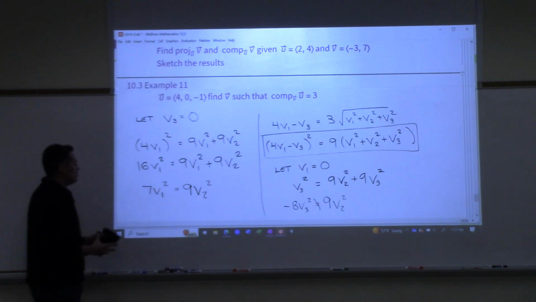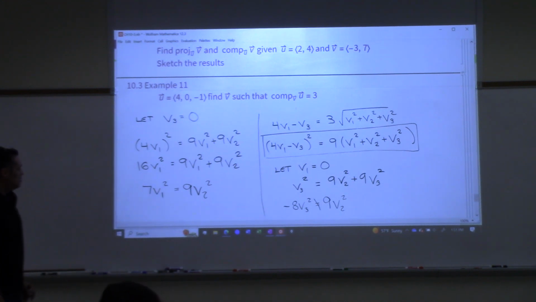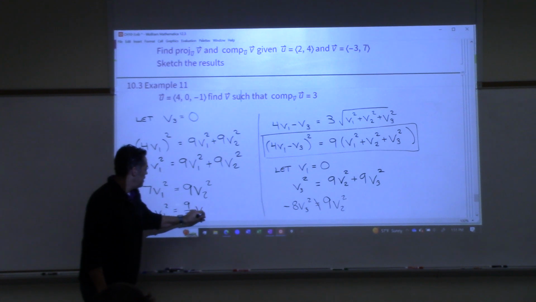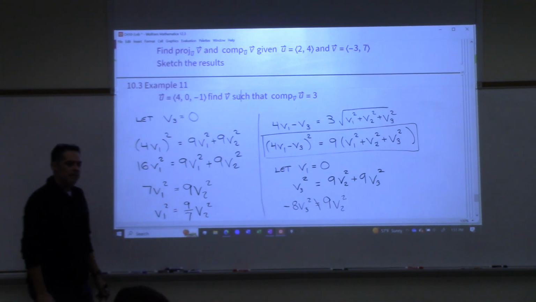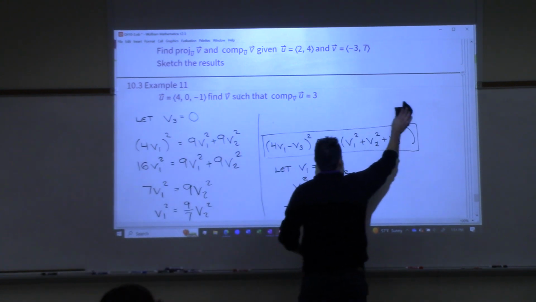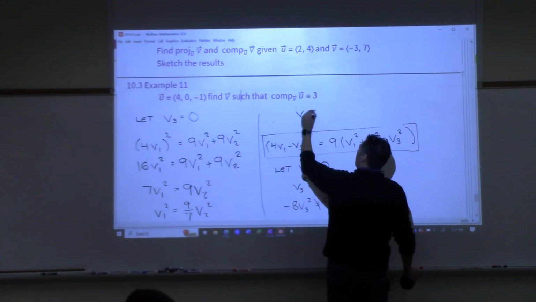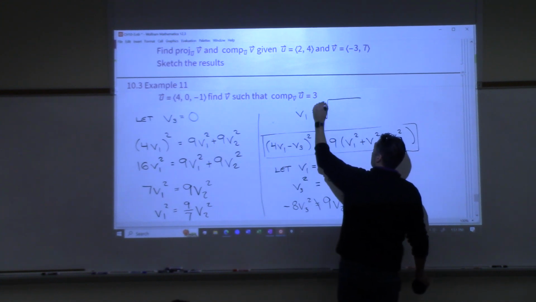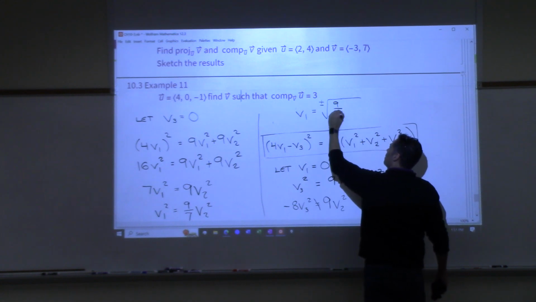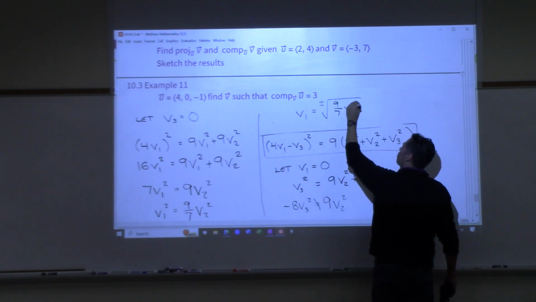So now let's solve for v1. v1 squared will be equal to 9 over 7 v2 squared, right? Take the square root on both sides. I'm almost done. v1 will be equal to the square root, and I need to do plus or minus because there are actually two possibilities here, of 9 over 7 v2 squared.